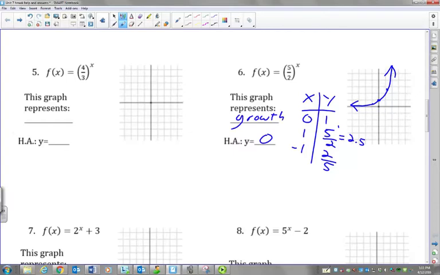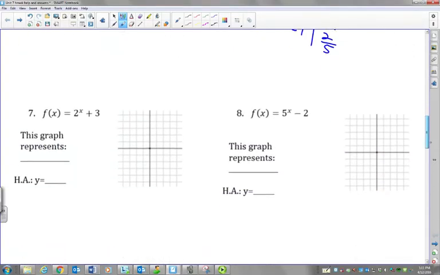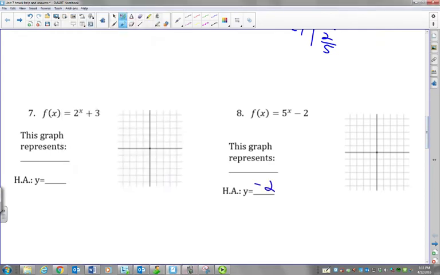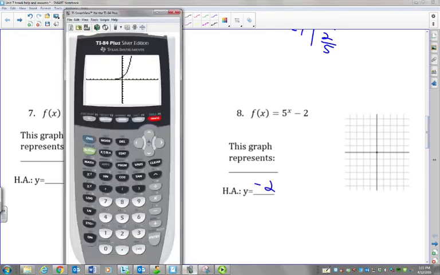So where do we have a horizontal asymptote that's not 0? Well, when we have a number next to the function, for example, number 8 or number 7. So number 8 is going to have a horizontal asymptote at -2. And the reason why is because 5 to the x power brings it back down, -2.